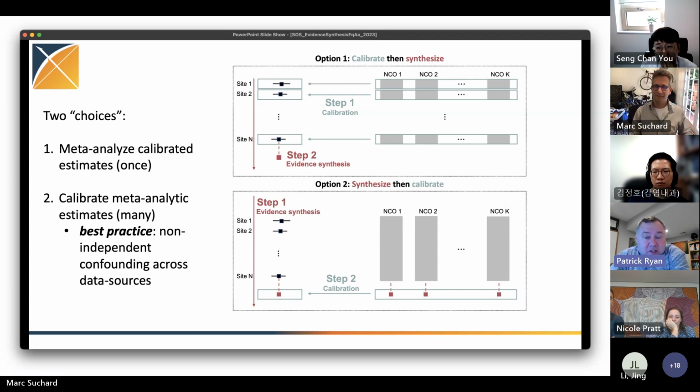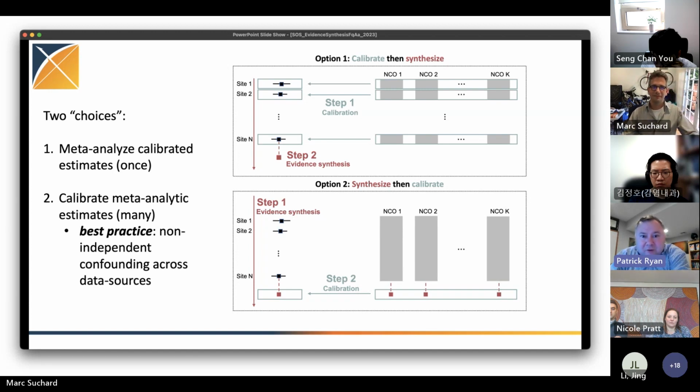And still, when we communicate what we have learned from a collection of sites, we want to get those calibrated estimates from each of the sites, because that's the best answer for a given site. But what we're talking about here in option 2 is that we want to produce the best possible meta-analytic estimate.